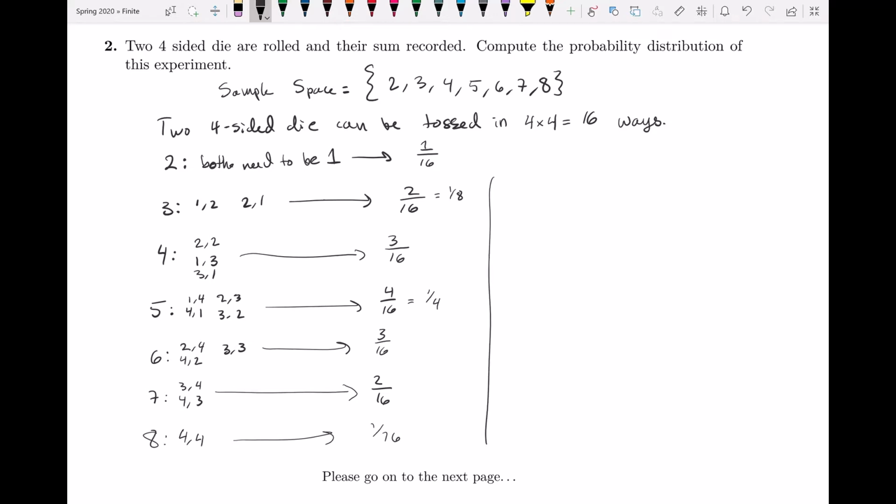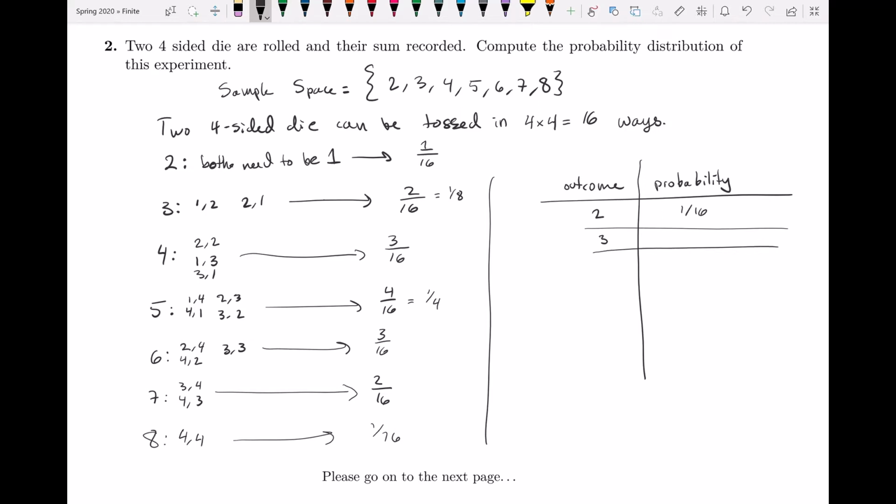Alright, so to be neat, what we can do is put this all in a nice little table of the outcome and the probability. We have 2 has probability 1 out of 16. 3 has probability 2 out of 16.